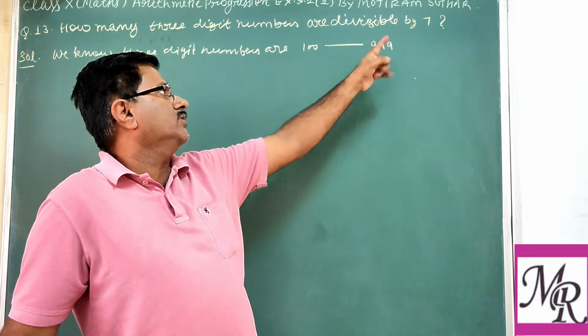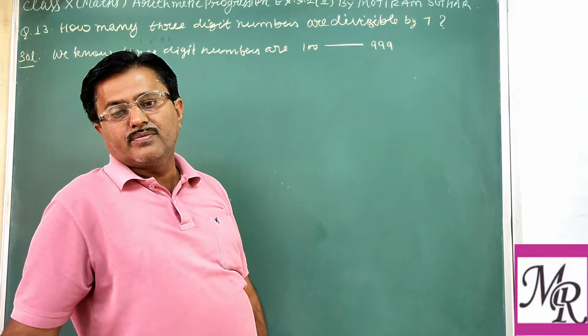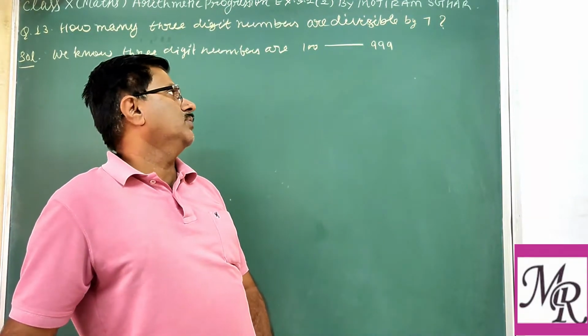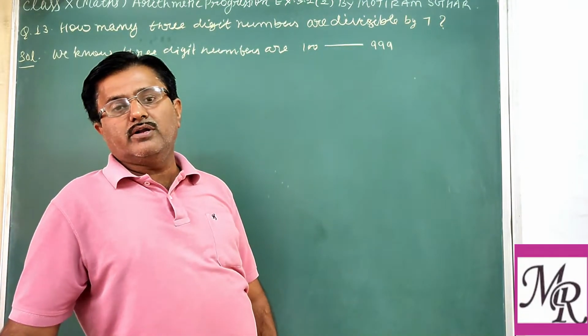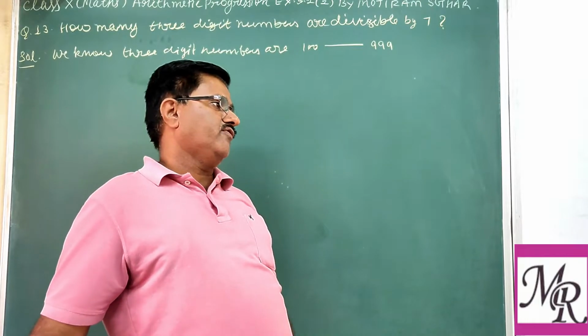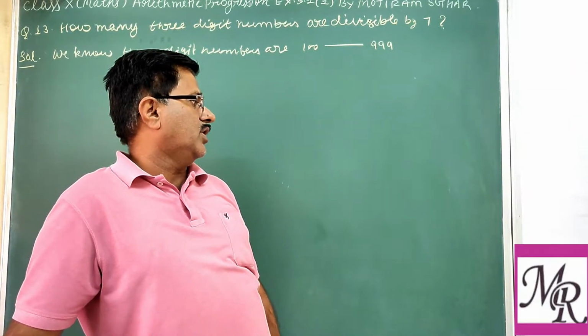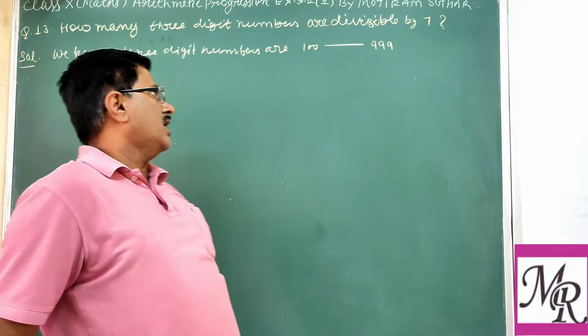So 100 is not divisible by 7. Clear? Similarly 101 is also not. Similarly 102, 103, 104 and 105. So 105 is divisible by 7.